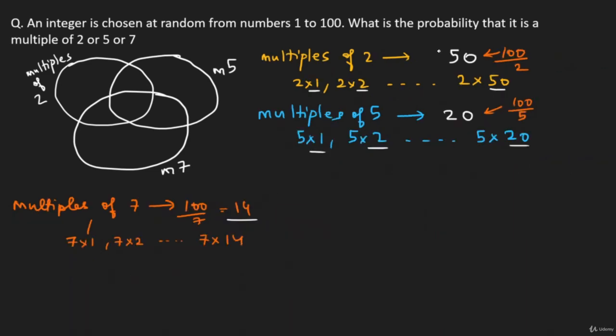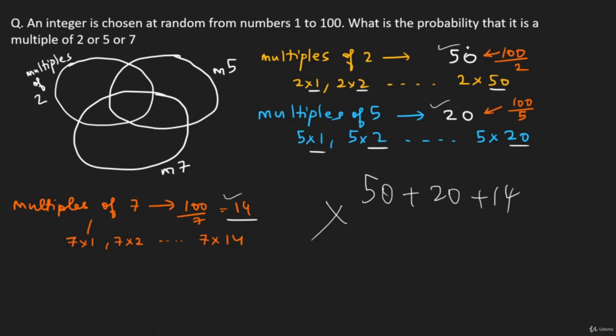We have seen that we have 50 multiples of 2, 20 multiples of 5, and 14 multiples of 7. So can we say that the favorable cases are 50 plus 20 plus 14? No, we cannot say that, right? Why is that so?